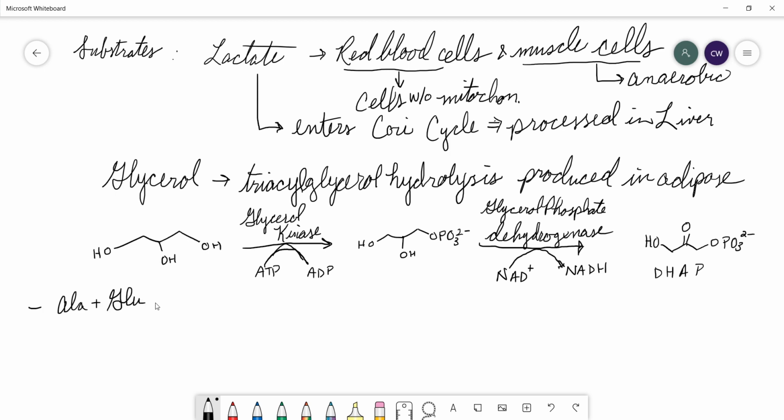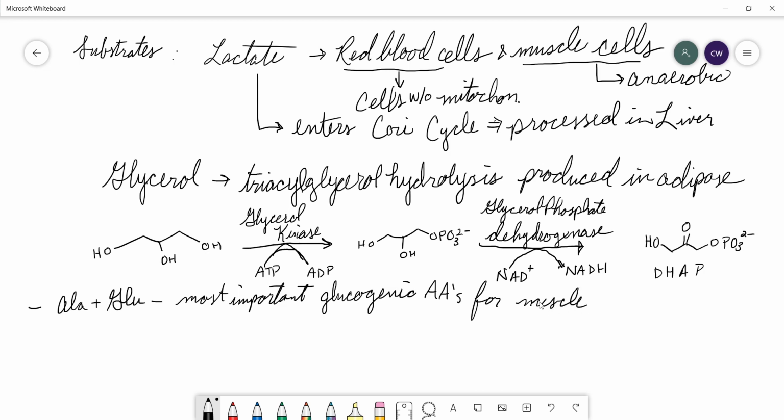These are the most important glucogenic amino acids for muscle tissues. And so they work by combining with pyruvate.